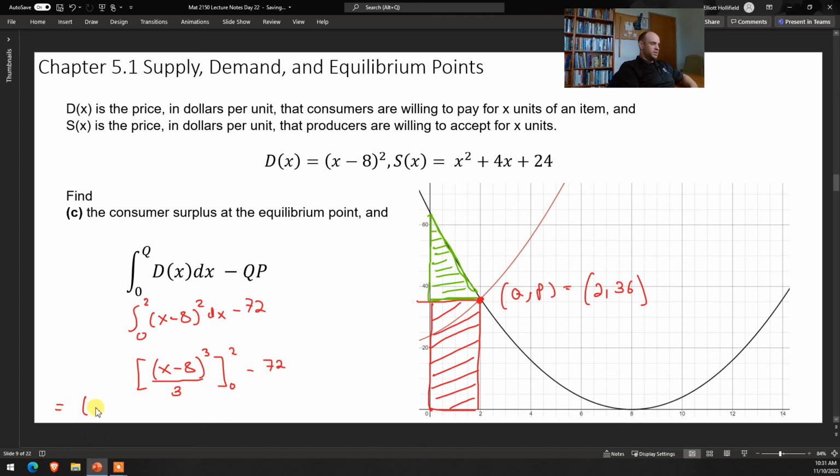That is (2 minus 8) cubed over 3, minus (0 minus 8) cubed over 3, and then minus 72.